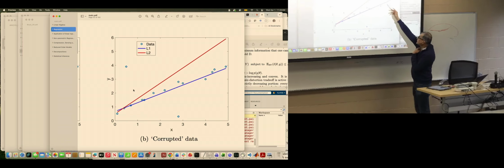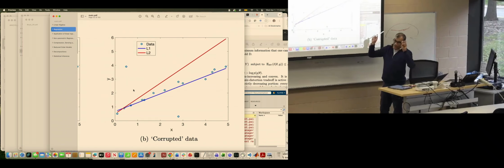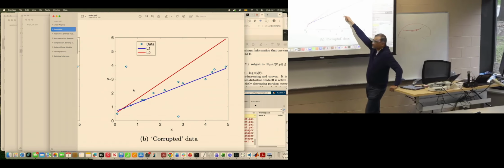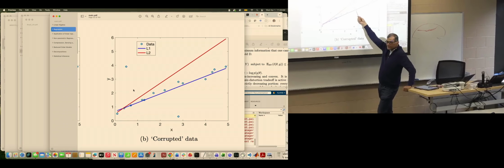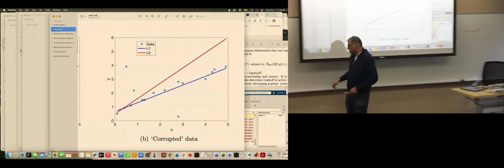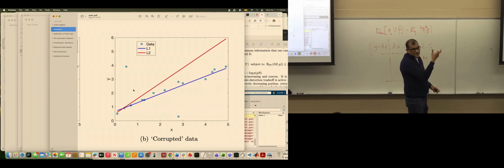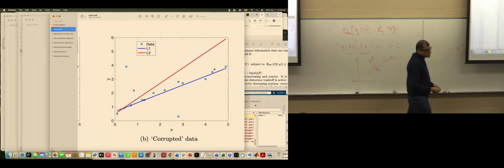So you end up, at least by a sensible norm, with what seems like a better fit, right? So here with L1 you're basically saying the norm of Ax minus y is just the absolute difference, not the square of the absolute.